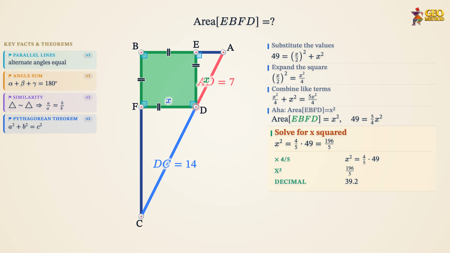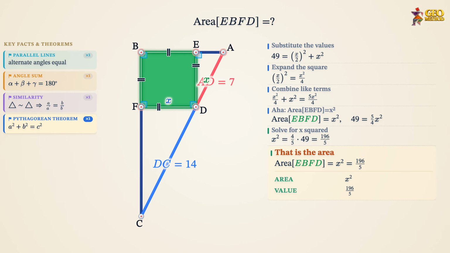To free X squared, multiply both sides by 4/5, the reciprocal of 5/4. That gives X squared equal to 4/5 of 49, which is 196 over 5, or 39.2. And X squared is precisely the area of the square, since area equals side squared. So the green square's area is 196 over 5, with no square root left to take.